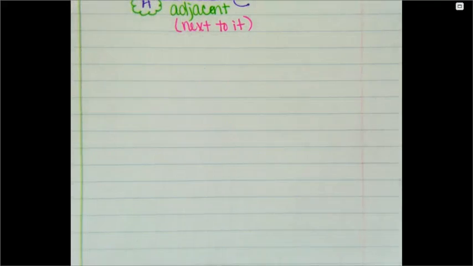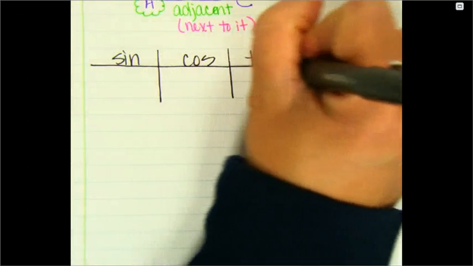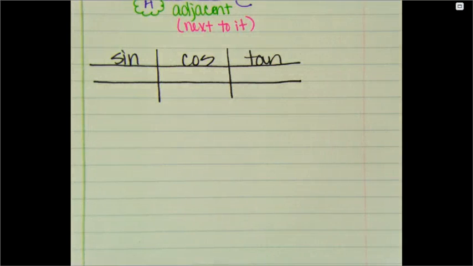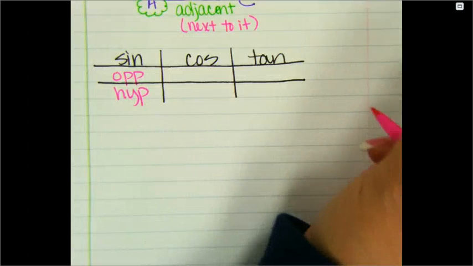All right, so let's make a chart. I'm going to make it as easy as possible for you guys. We're going to memorize this chart a little bit. It's going to help us set up our problems. So sine is opposite over hypotenuse, correct?